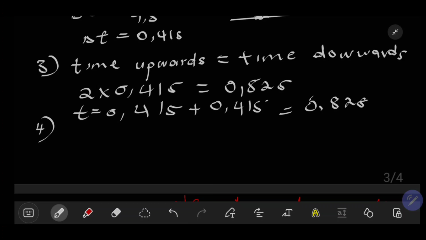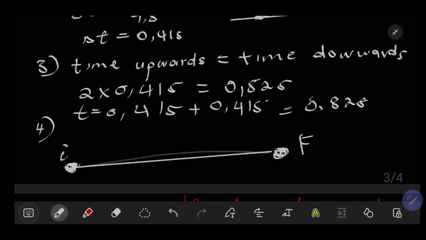From grade 10, we know that if this is your initial point and this is your final point, no matter whether there is a mountain or what, the displacement will be measured in a straight line, just like this. And then that is the displacement.